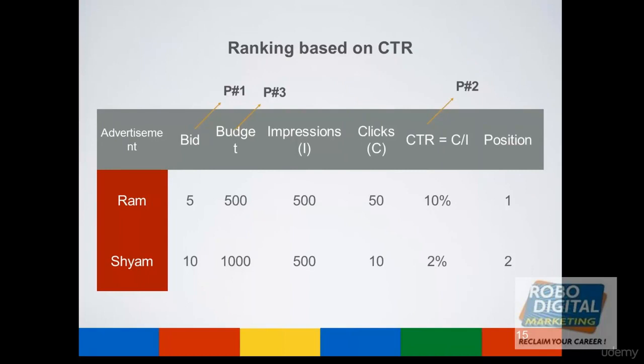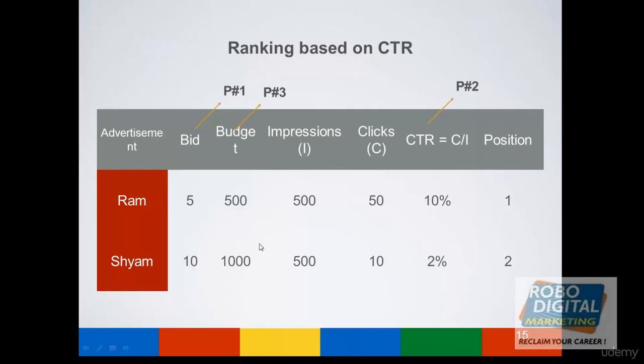Generally, we have seen if the bid is high, the position of the advertiser should be higher. But if you look at this case, Ram is getting the first position because his CTR is high. Why has Google kept CTR in the loop? If you calculate the amount, Ram is bidding 5 rupees and getting 50 clicks, so the total amount Google is earning is 250 rupees.